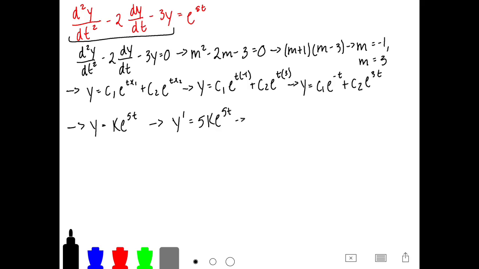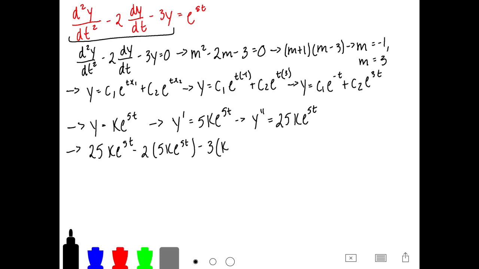And then you find the second derivative, which will be y double prime equals 25k e to the 5t. Now we're going to plug those into the original equation. And you have 25k e to the 5t minus 2 times 5k e to the 5t minus 3 times k times e to the 5t is equal to e to the 5t.